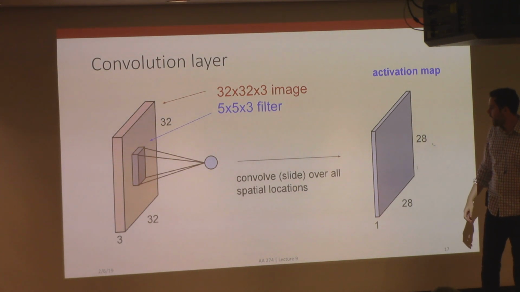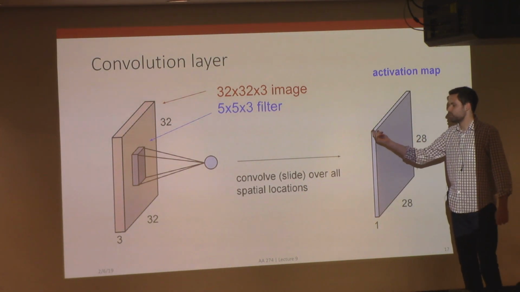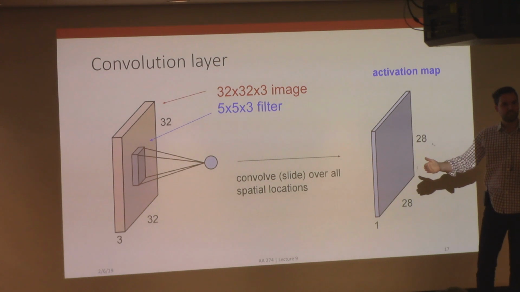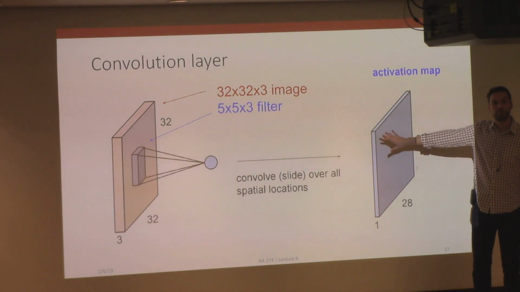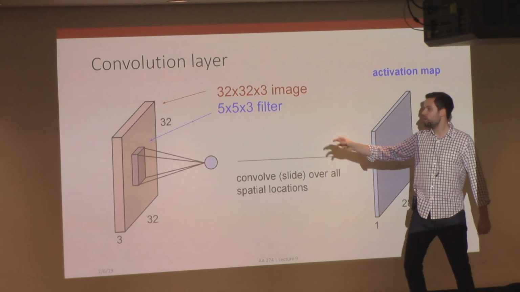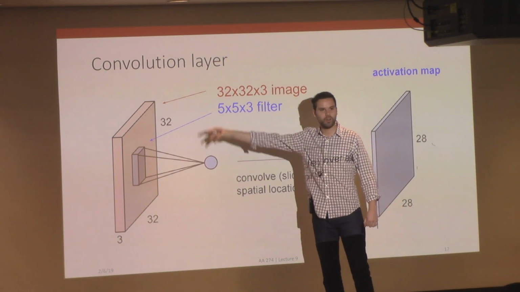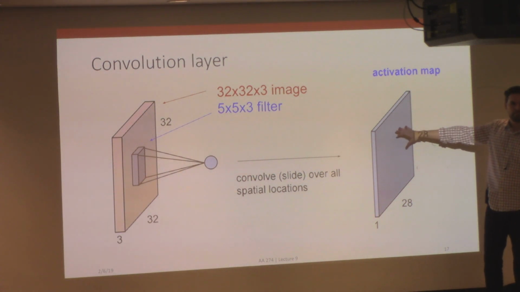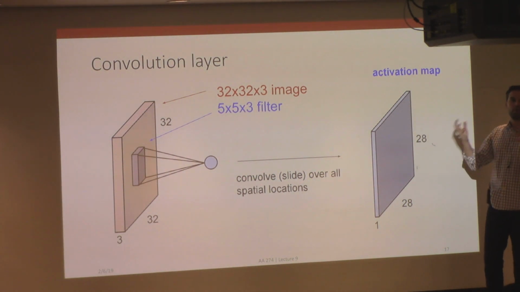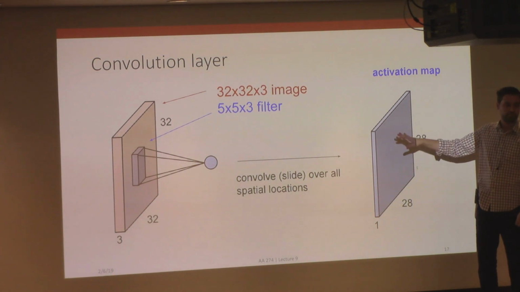Remember before, after the activation function, we get an activation value, just like a single scalar. It's exactly the same here. You're going to get an activation value for every point that you scan over the input image, and this gives you something called an activation map. So rather than an activation value, you have a lot of activation values, so you get an activation map.